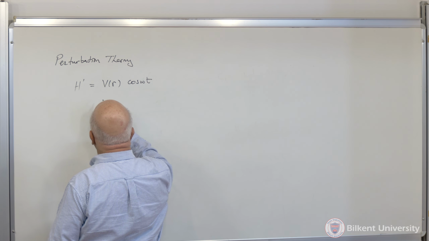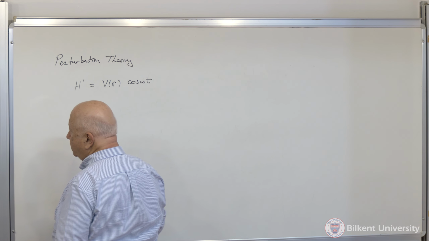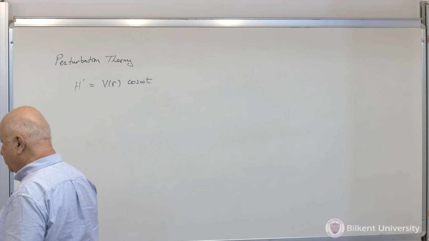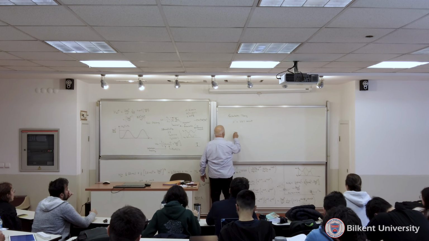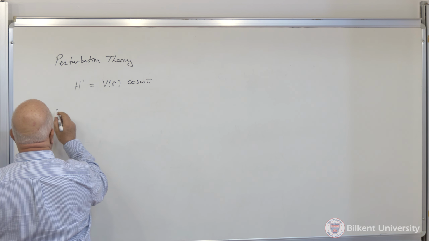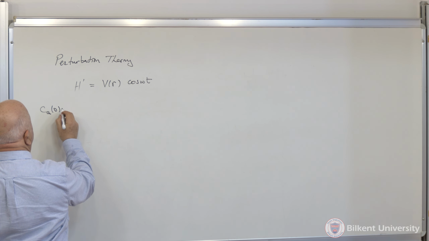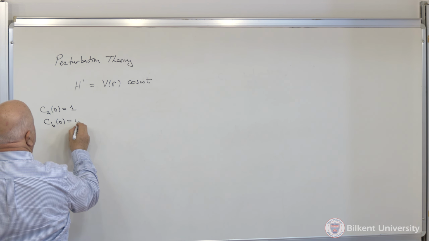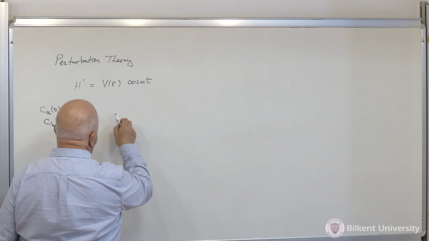We'll do the same type of approximation that we did earlier. So we are again going to start with C_A at time equal to 0 equal to 1, C_B at time equal to 0 equal to 0, and we are interested in how C_B is going to change.